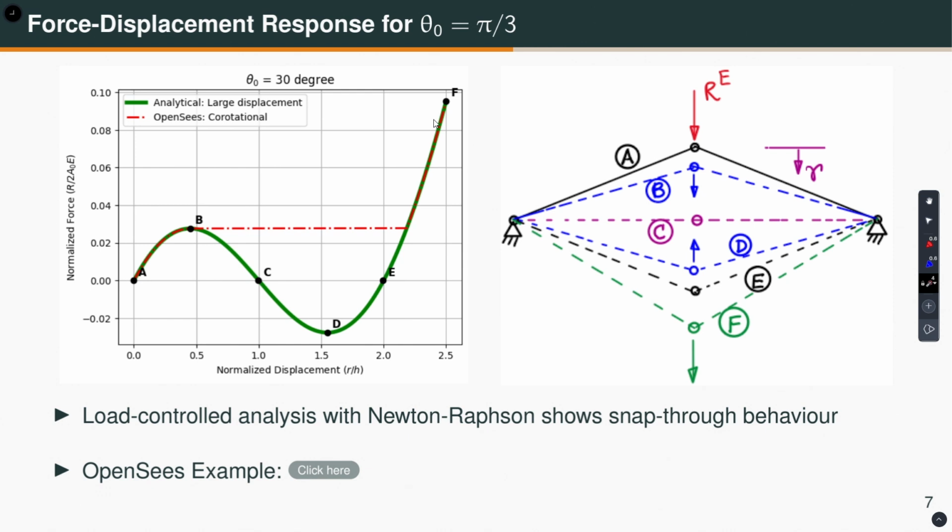Feel free to go ahead and look at it, and you will see that I have done a displacement controlled analysis. Okay. That means I kept on increasing this displacement, and then this is the force versus displacement response I obtained, right. Now, the question is, what happens if I do a load control analysis with this system, right.